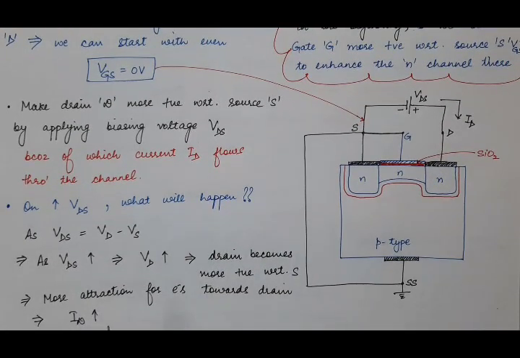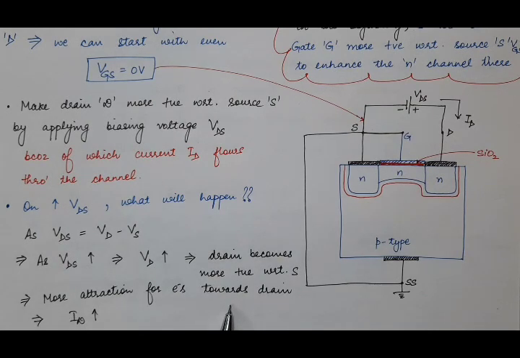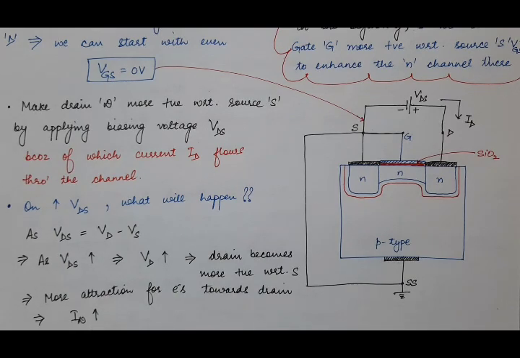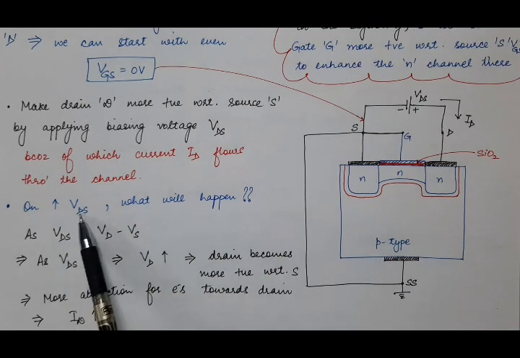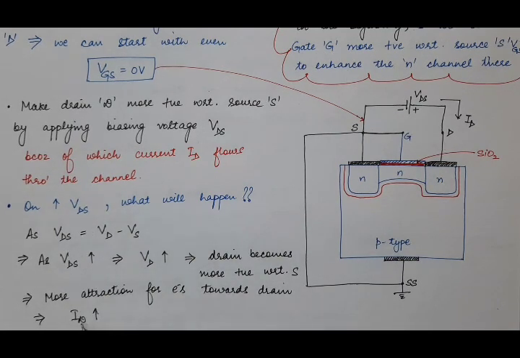It will attract more electrons towards itself, which results in an increase in the value of the drain current. So corresponding to VGS equal to 0 volt, on increasing VDS, this drain current ID will increase linearly.